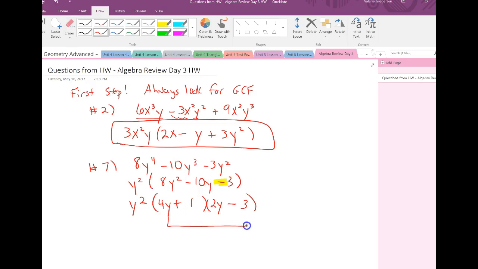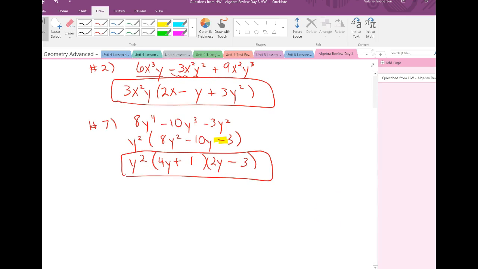So you check by doing the outside, which is a negative 12y, added with what you get when you multiply together the inside terms, which is 2y, and I get a negative 10y, which is my value here. So that means I factored it completely. I put my signs in the correct location, and I have the correct answer.